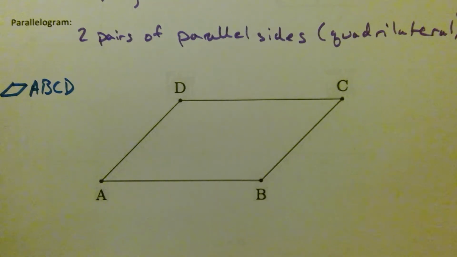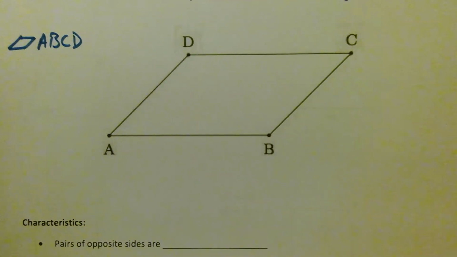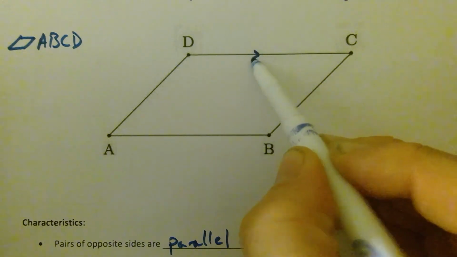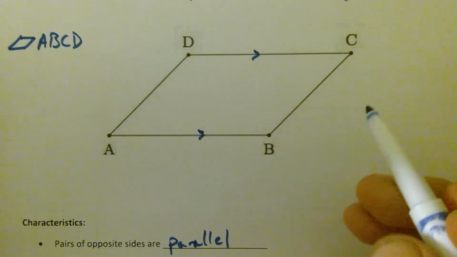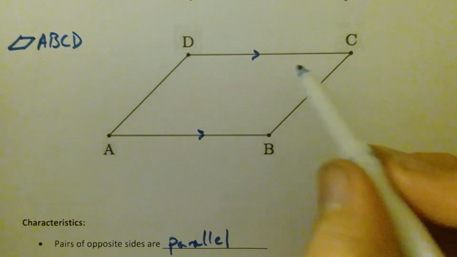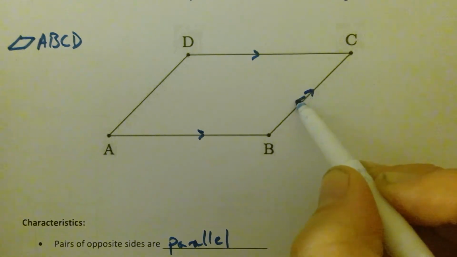So, first off, we know that pairs of opposite sides are parallel. Okay? So, we can show that with our arrows. So, I have one arrow on each side here, and these opposite sides, one is on the bottom, one is on the top. Okay, this side over here, CB, is on the right.